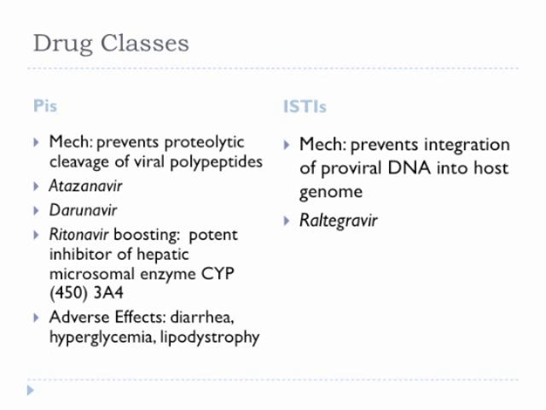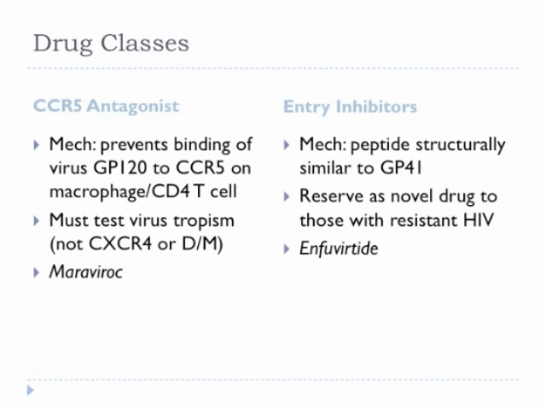There's also integrase inhibitors, which prevent integration of the proviral DNA into host genome, and the most notable is raltegravir. So we also have some more novel drugs such as the CCR5 antagonist and entry inhibitors. The CCR5 is a co-receptor located on macrophages and CD4 positive T cells.